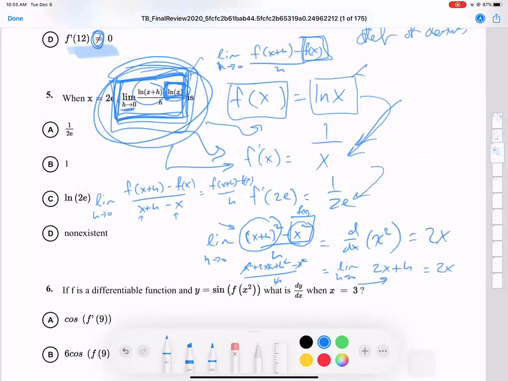But if you want to do it for logs, I'm not sure if I can do it though. Let's try it. If I do ln of x plus h minus ln of x, if you remember, if I'm subtracting logs, I'm actually dividing logs. So let's do natural log of x plus h over x, over h. Now, limit as h goes to 0. Now, I can't remember how to get rid of this log problem.